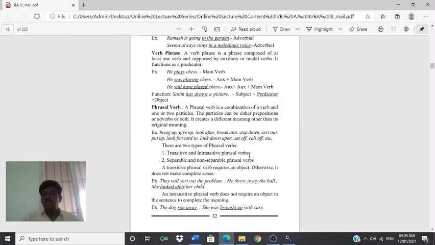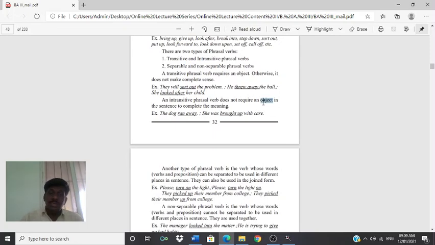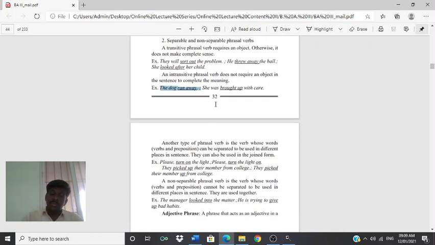In transitive phrasal verbs, we understand that they require an object. However, intransitive phrasal verbs do not require an object. We discussed examples: they will sort out the problem, or the dog ran away. So this is what we learned.